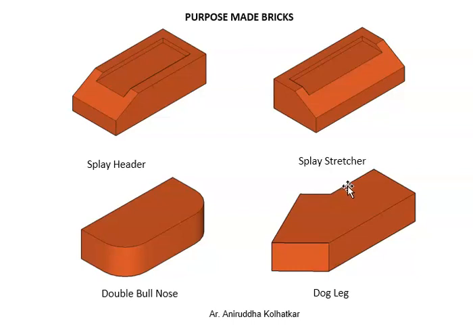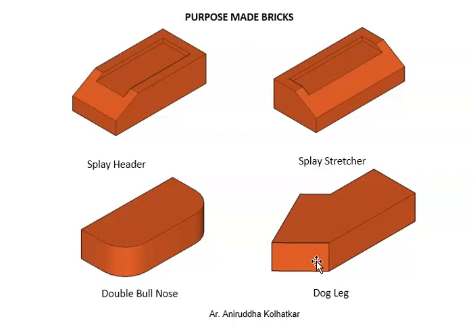So based on whether this is an octagon, hexagon, pentagon, this angle will change. So this is a special type of brick which is called a dog leg brick. Again, I will mention here that this brick is used especially to form the corner parts of rooms which have hexagonal, octagonal or any other polygonal shape.